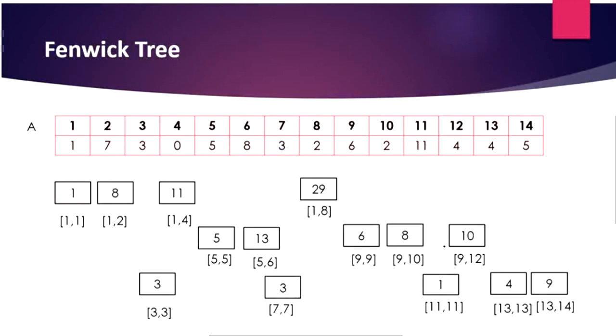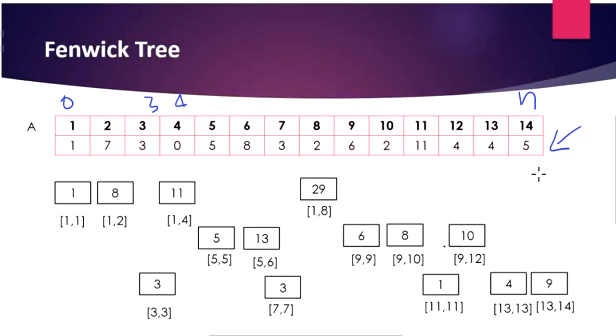So consider this array, it is a normal integer array. Consider this has been sent as our input. Fenwick tree or segment tree are generally used to calculate the prefix sum of an array. Here the prefix sum is nothing but the sum of a range starting from the 0th index to the 3rd index, the 0th index to the 4th index, and the 0th index to the nth index. It will be updated in a separate array, and it is easy for us to calculate the sum of a range using the prefix sum.